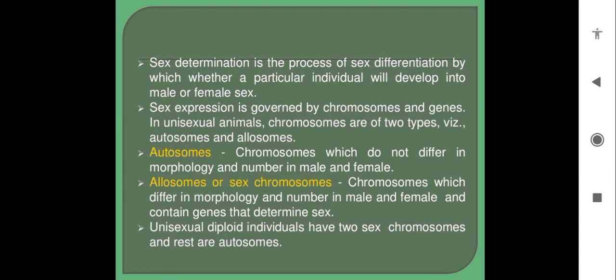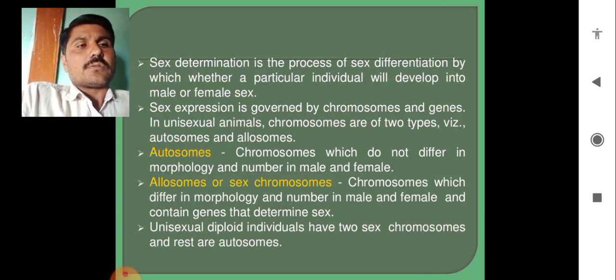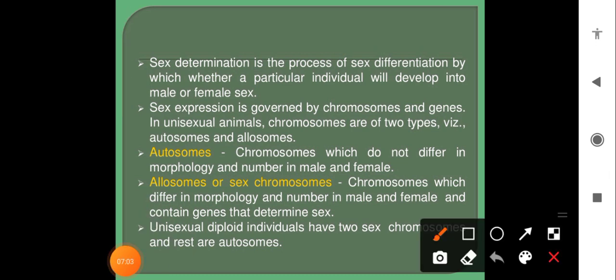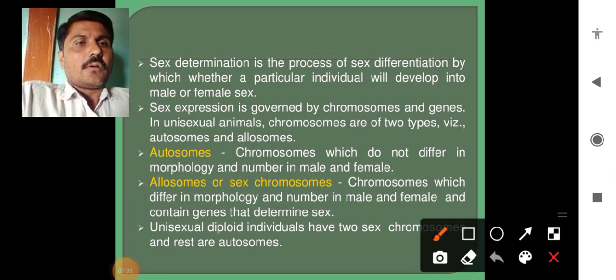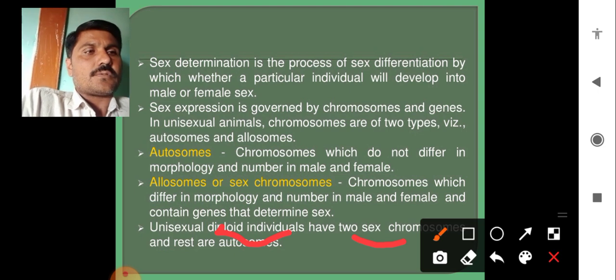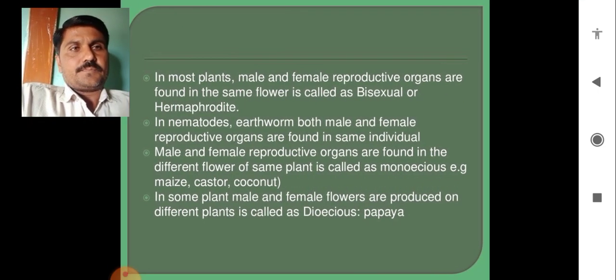So unisexual diploid individuals have two sex chromosomes and the rest are autosomes.